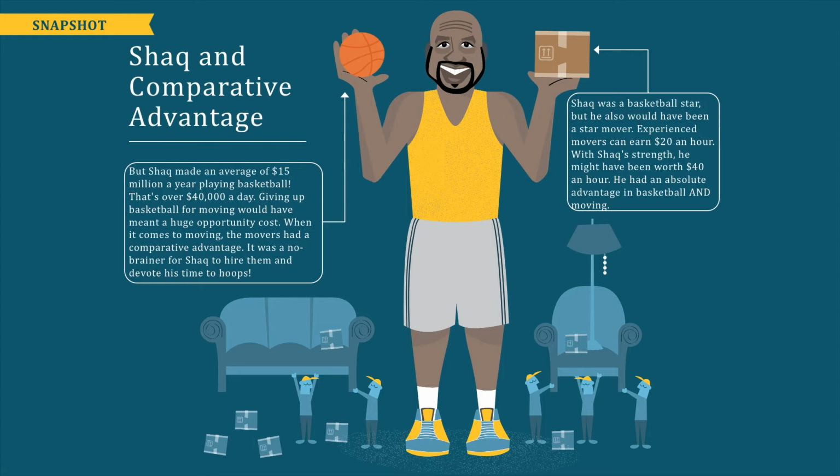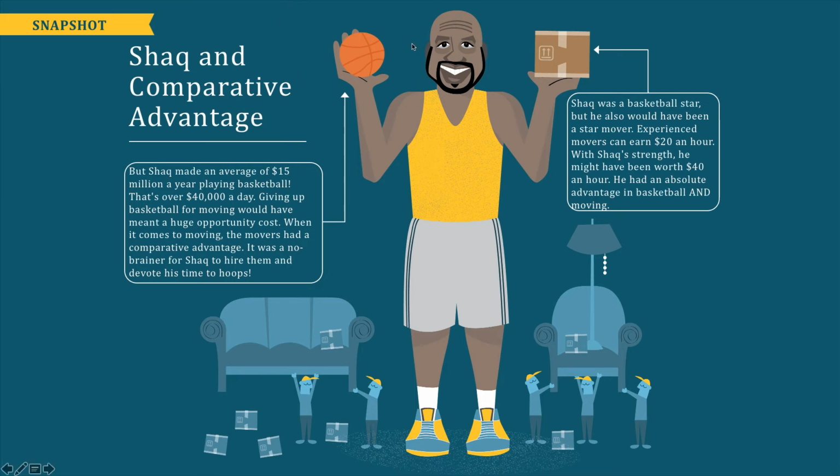So here, let's minimize the cost, and when I say cost, I'm talking about the opportunity cost. Choosing to be a basketball player has an opportunity cost of $40, and choosing to be a cargo carrier has an opportunity cost of $40,000 per day. Since the opportunity cost of being a basketball player is really low compared to being a cargo carrier, Shaq decided to be a basketball player.